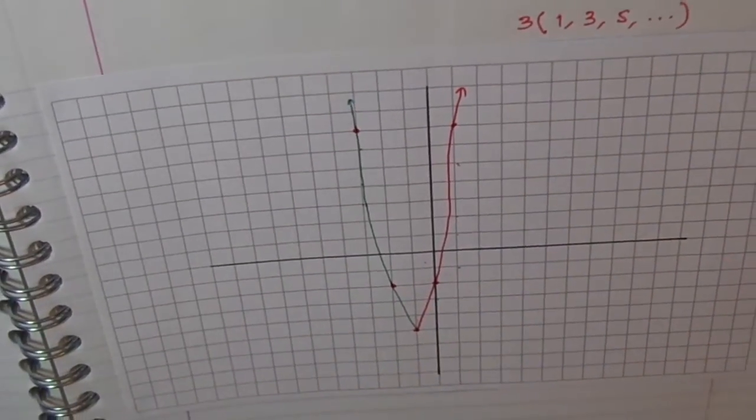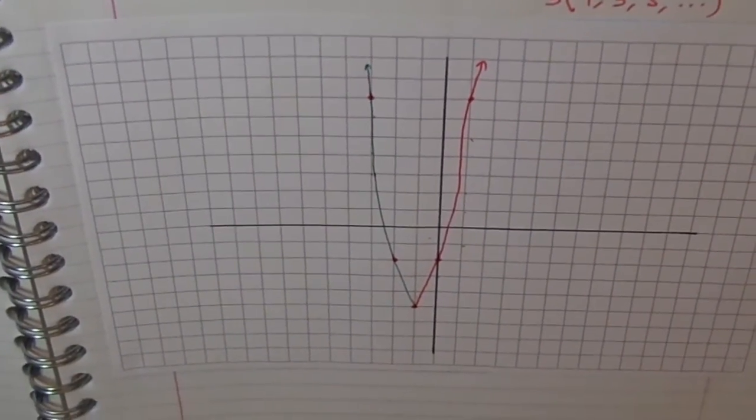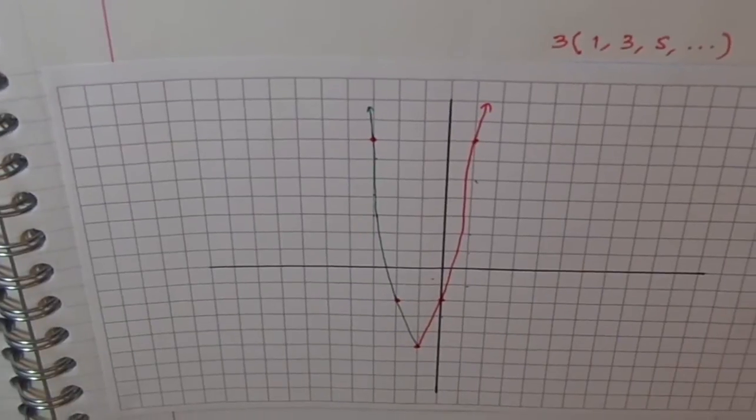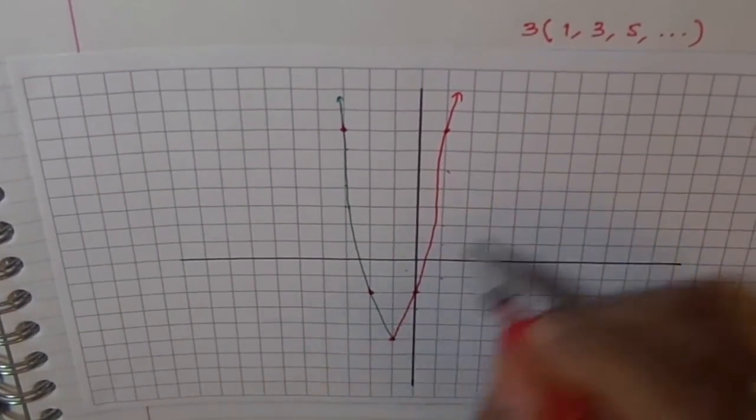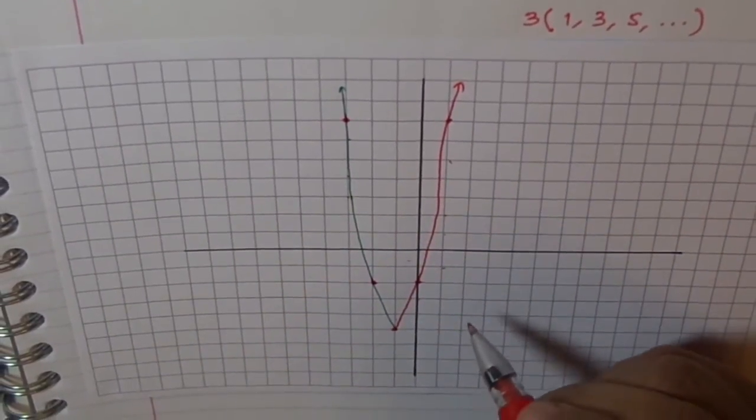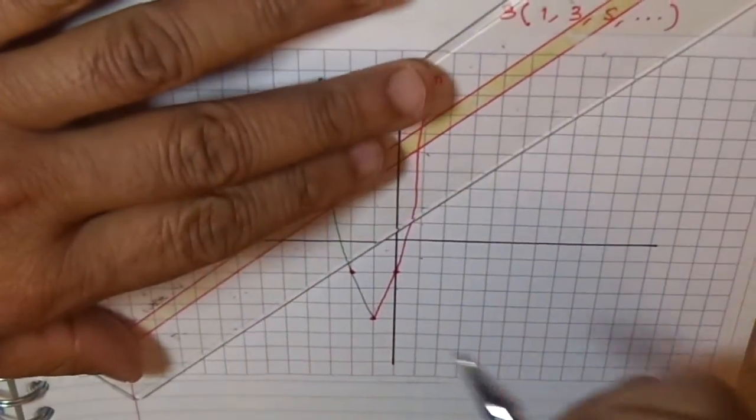Okay. Now to find the inverse of this function, we can do it graphically also. How? We can reflect this graph on y equals to x and get our points. So let me draw first line y equals to x.